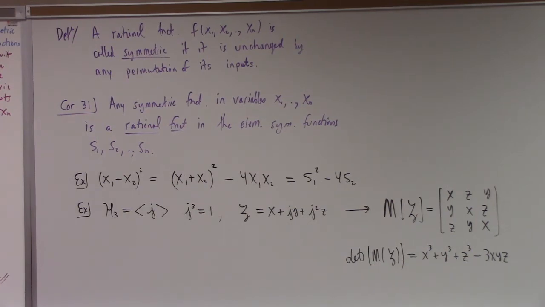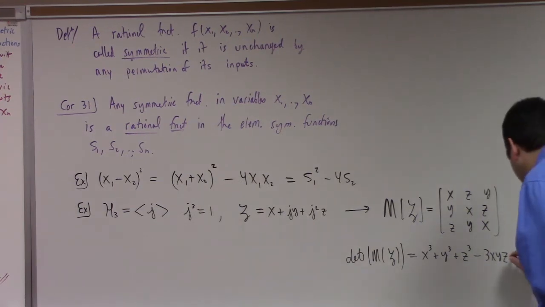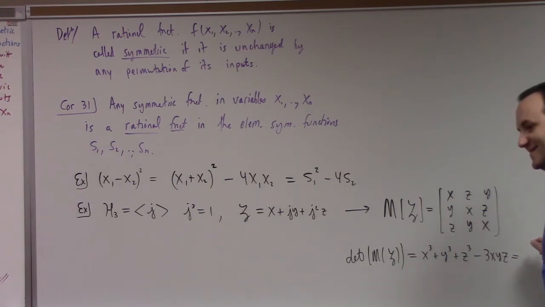So according to this theorem, I can rewrite this as a polynomial in the symmetric functions built on x, y, and z, thinking of x as x1, y as x2, and z as x3. Do you remember, King? x plus y plus z. You want to write the next factor in symmetric form or just the normal one? Okay, fair enough. And then what is it, minus xy minus yz minus xz.